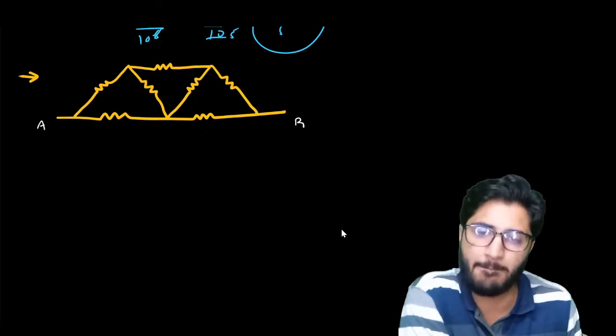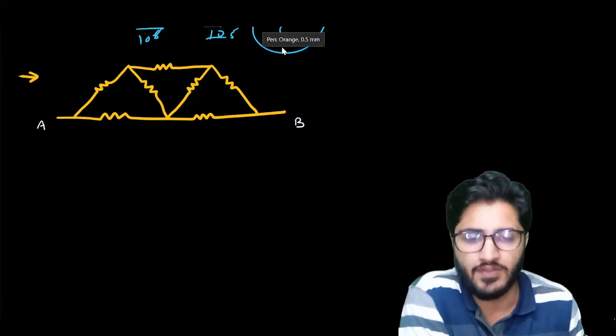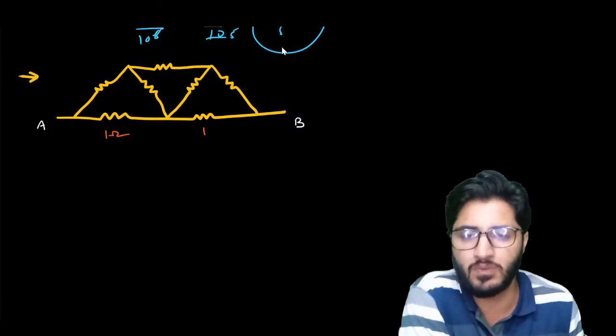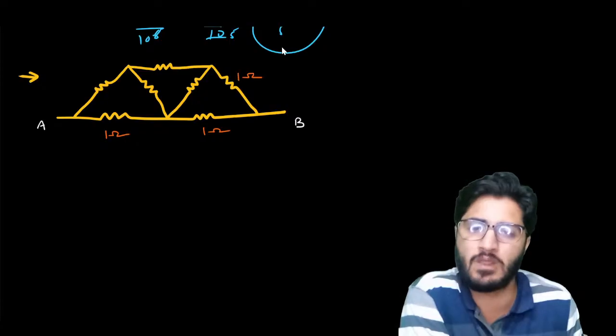Point A, B. Resistance is only 1 ohm, 1 ohm, 1, 1, 1, 1, and 1.